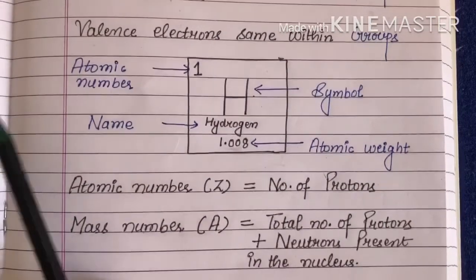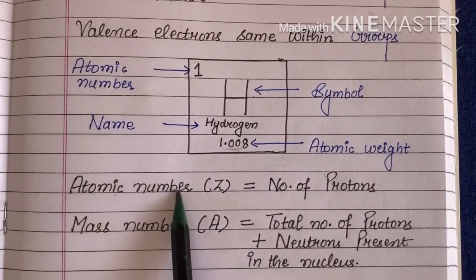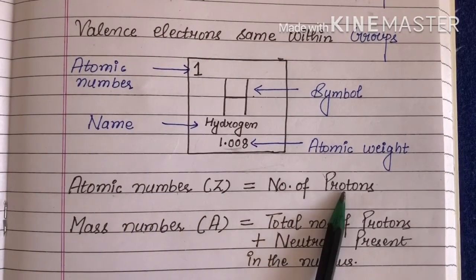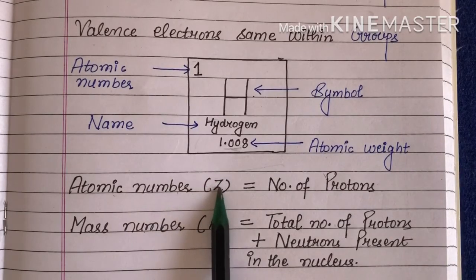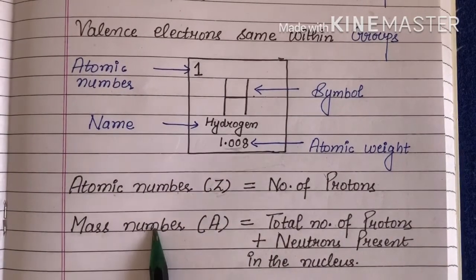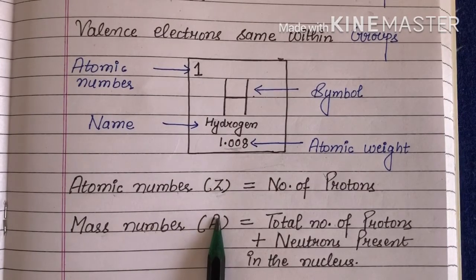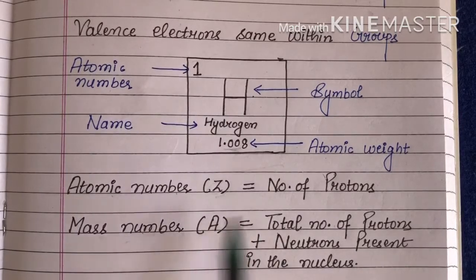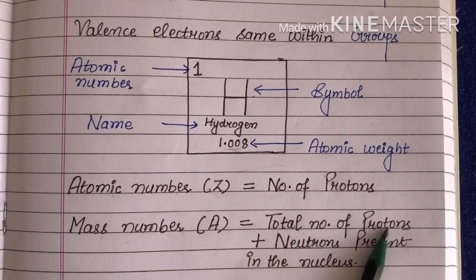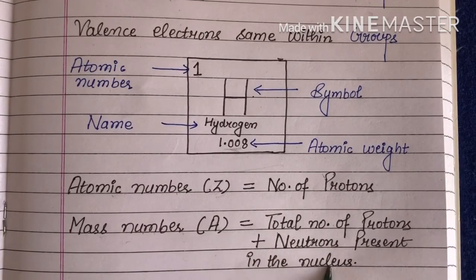We all know now that the atomic number is equal to the number of protons present in the nucleus and is represented by Z, and the mass number is represented by A. Mass number is the total number of protons and neutrons present in the nucleus.